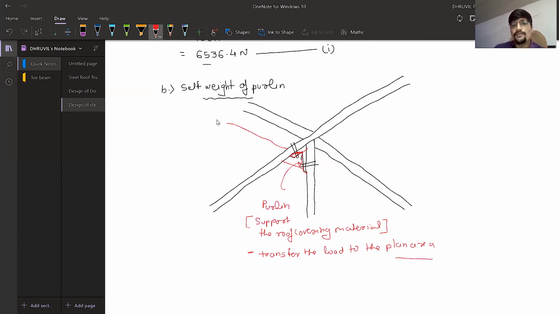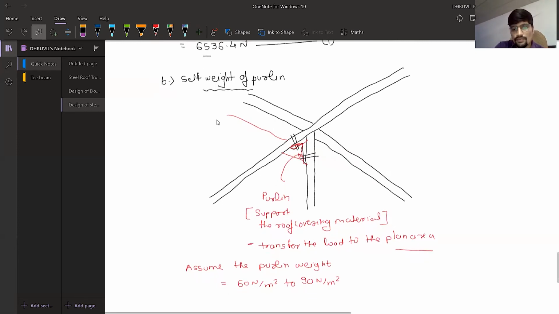Now, if the weight of the purlin is given, then you can take it as it is per the question. But if not given, then we need to assume the purlin weight. It is between 60 Newton per meter square to 90 Newton per meter square.